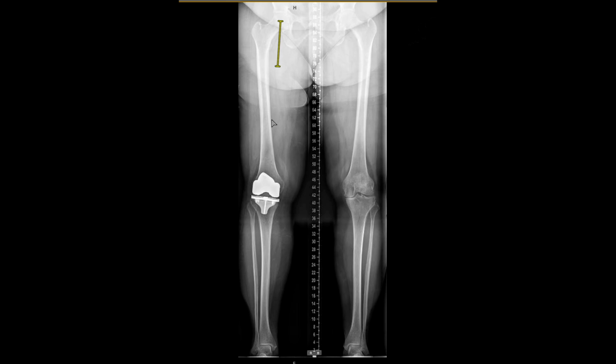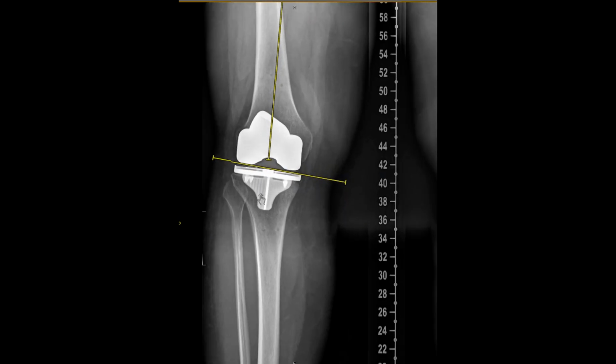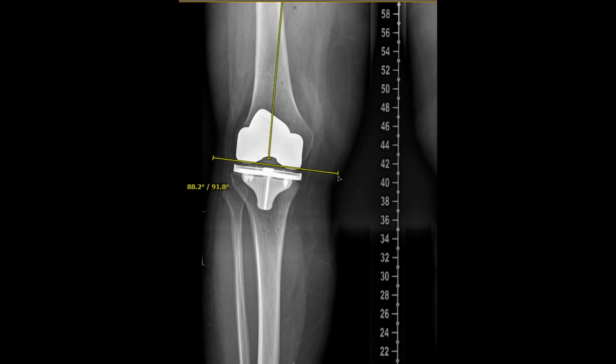So here is an example of a knee that is in about 6 degrees of varus, and when you look at the femoral component and the distal femoral articular axis, it's in about 2 to 3 degrees of valgus.